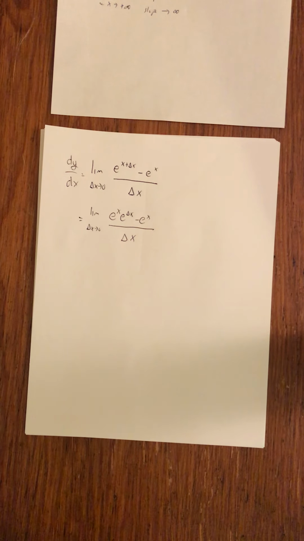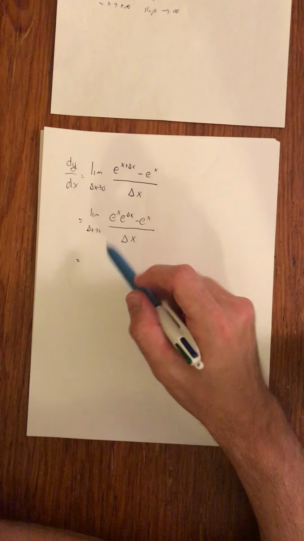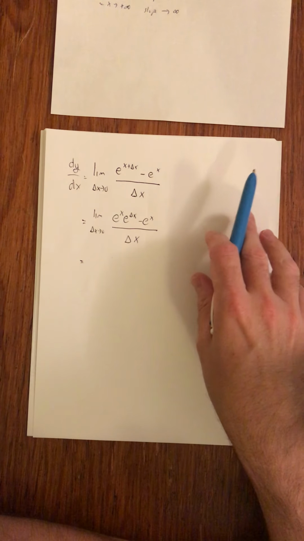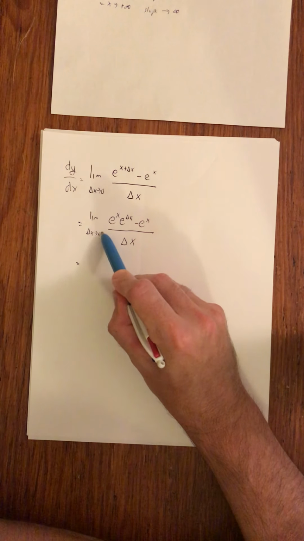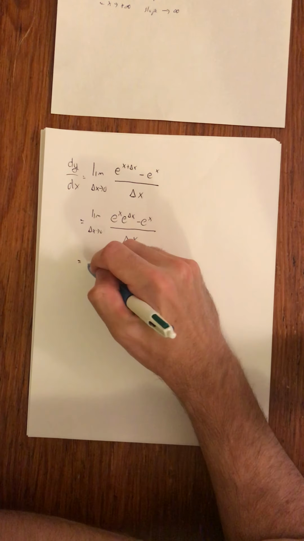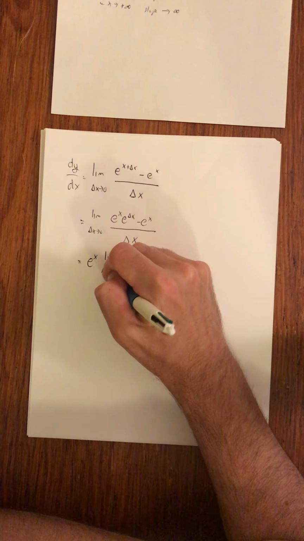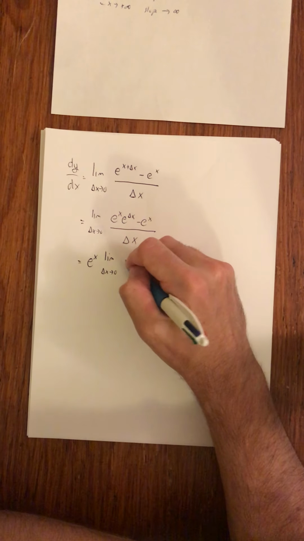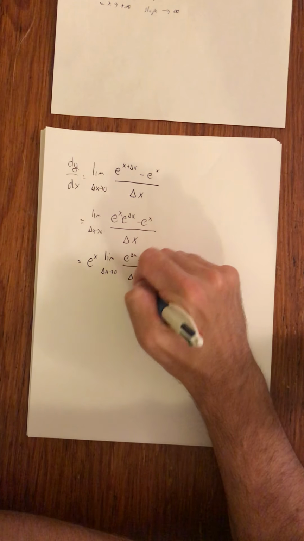So what can I do here? Well, looks like I can pull out an e to the x. And not only can I pull it out, I can pull it through the limit operation. Why? The limit operation only acts on delta x terms, not on e to the x terms. So I've got e to the x times the limit as delta x approaches 0 of e to the delta x minus 1 over delta x.